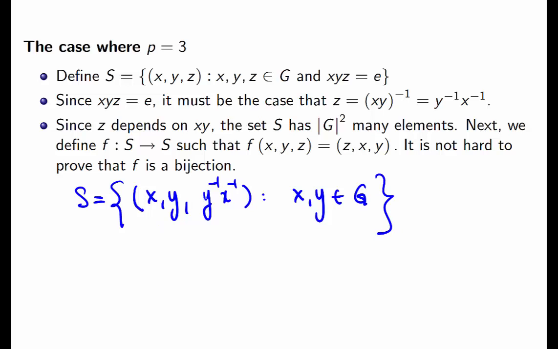So if we want to count the elements in this set, we only need to consider the parameter X and the parameter Y, because the third parameter depends on these two.